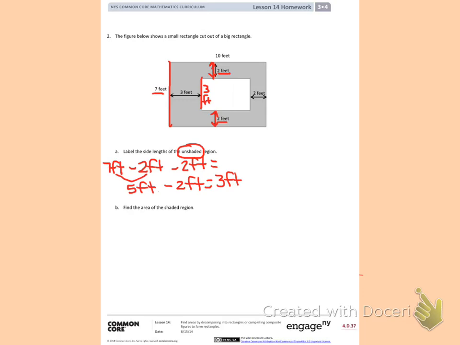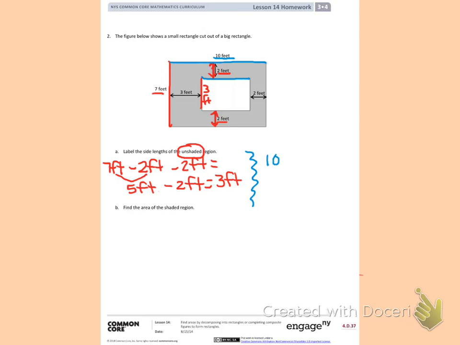Now let's look at this length. That says 10 feet. We know that that's longer than this length here because this is a much smaller rectangle. So we'll do the same thing. I'll divide those two up so that they don't run into one another.